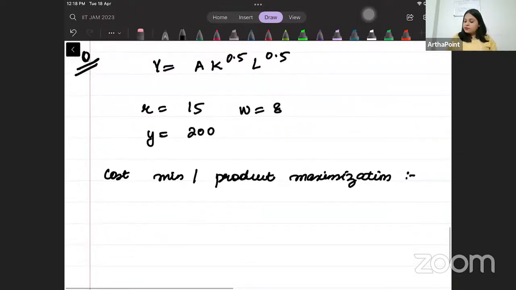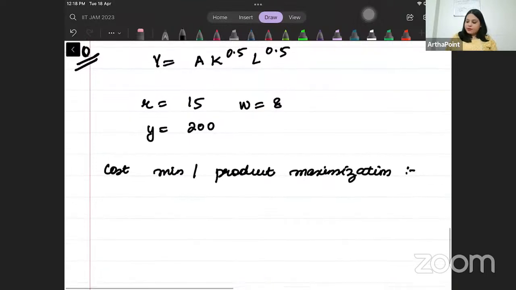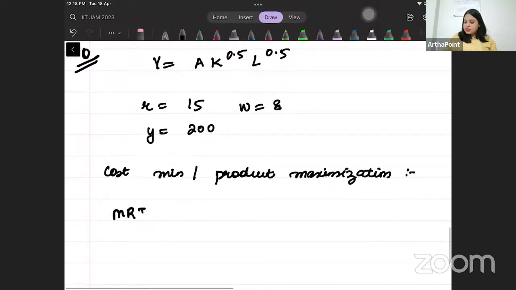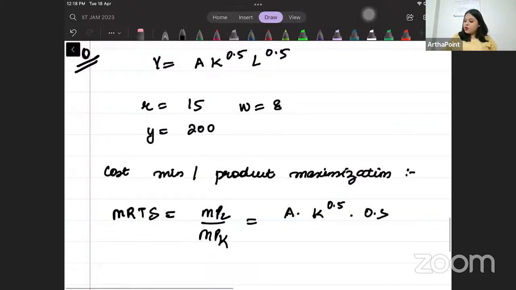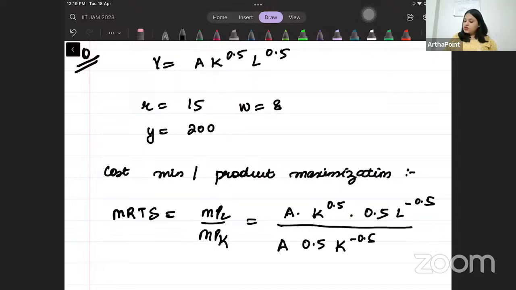Now, here is the thing. If I find MRTS, it will be MPL by MPK. So if you differentiate this with respect to L, you should get A into 0.5, K to the power 0.5, L to the power minus 0.5, upon A, 0.5, K to the power minus 0.5, L to the power 0.5.